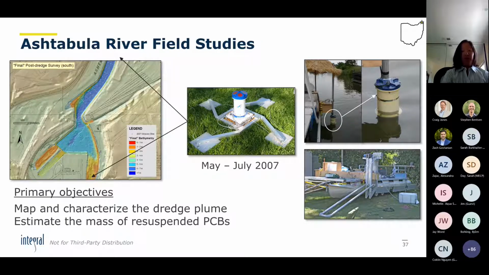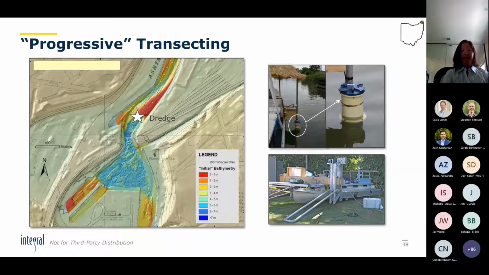So we performed two types of vessel operations. The first I'll talk about is what I termed progressive transecting. And these are data from paired cross-channel transects that began at predetermined distances upstream of dredge operations and progressed to set distances downstream of dredge operations, as indicated in that picture.